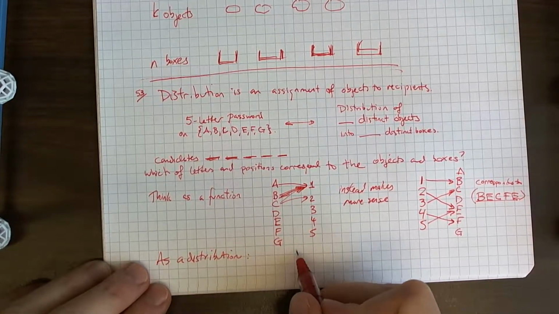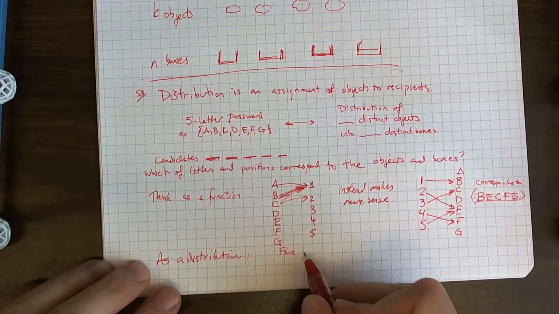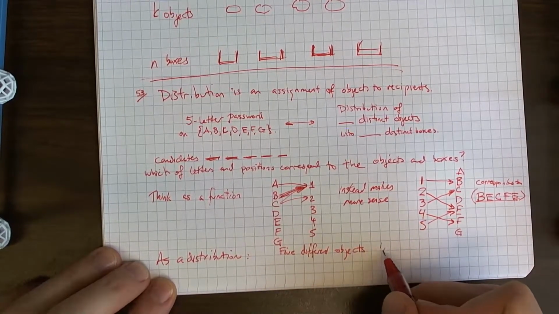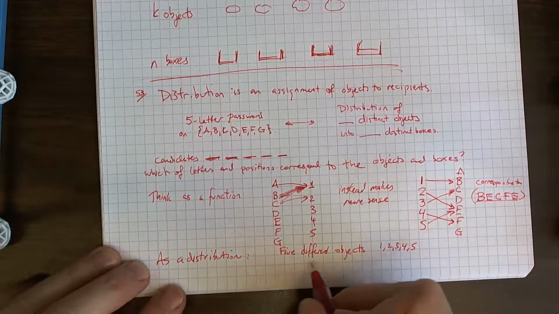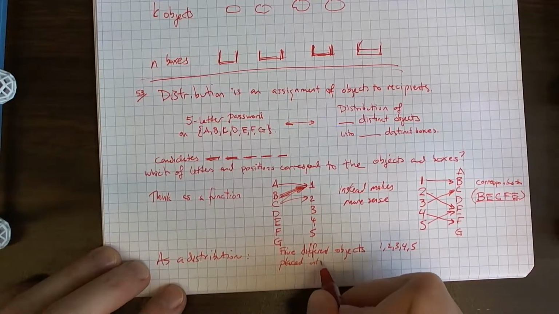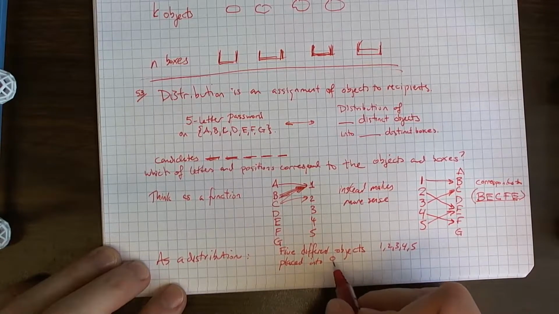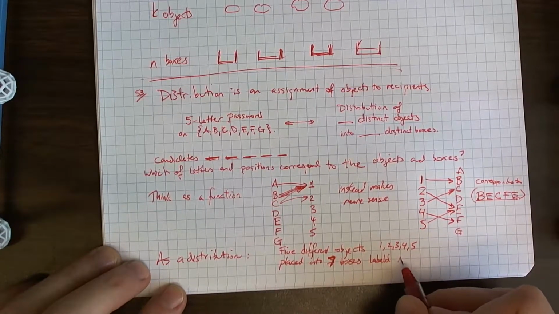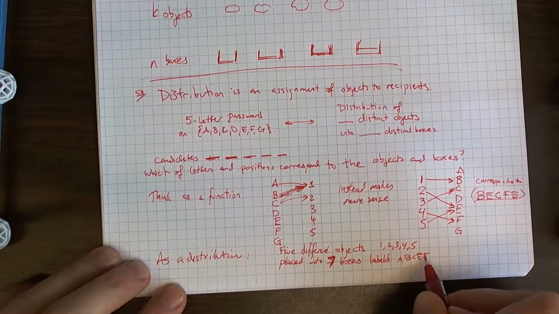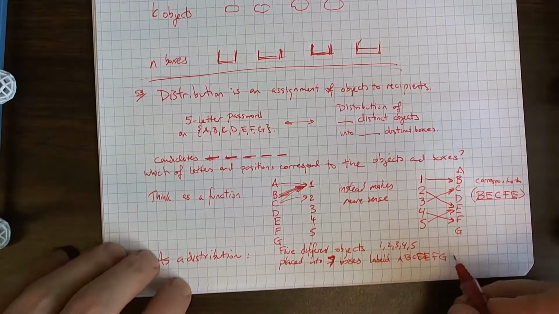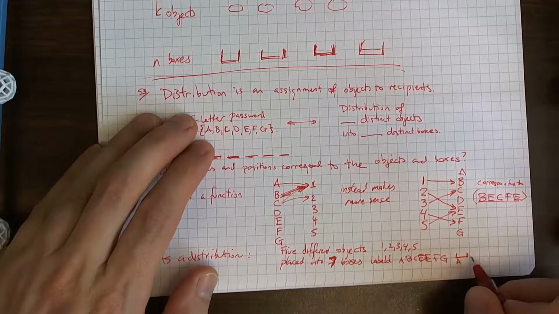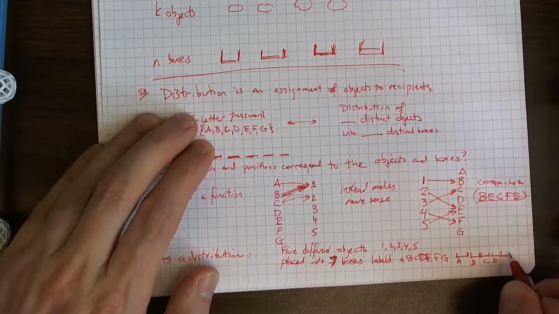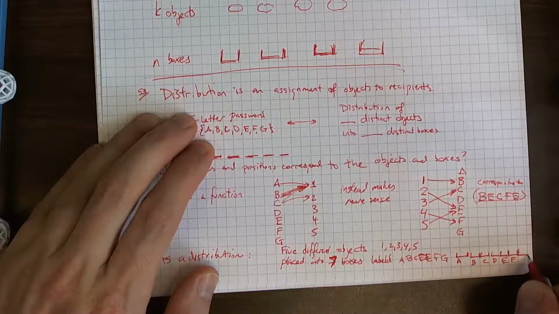And so as a distribution, we're thinking of this as a set of 5 different objects, 1, 2, 3, 4, and 5, placed into 7 boxes labeled A, B, C, D, E, F, and G. So we would have the A box, the B box, the C box, the D box, the E box, the F box, and the G box.